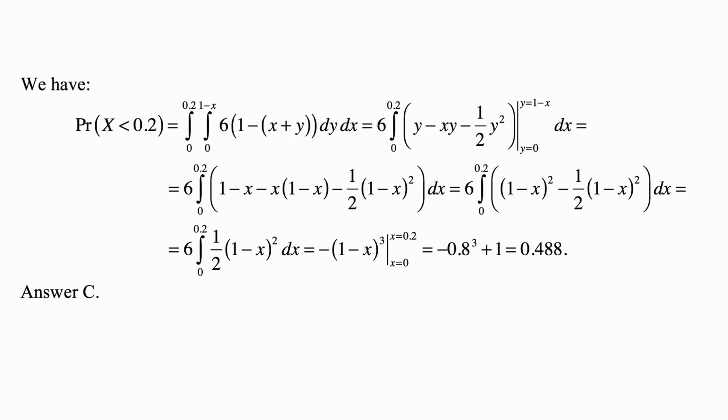After we take the integral with respect to y, 6 is a constant, so we just put it in front. Inside we have y minus xy minus 1/2 y squared, evaluated from y equal to 0 to y equal to 1 minus x. At 0, it's 0, and at 1 minus x it becomes 6 times the integral from 0 to 0.2 of (1 minus x) times (1 minus x) minus 1/2 of (1 minus x) squared.